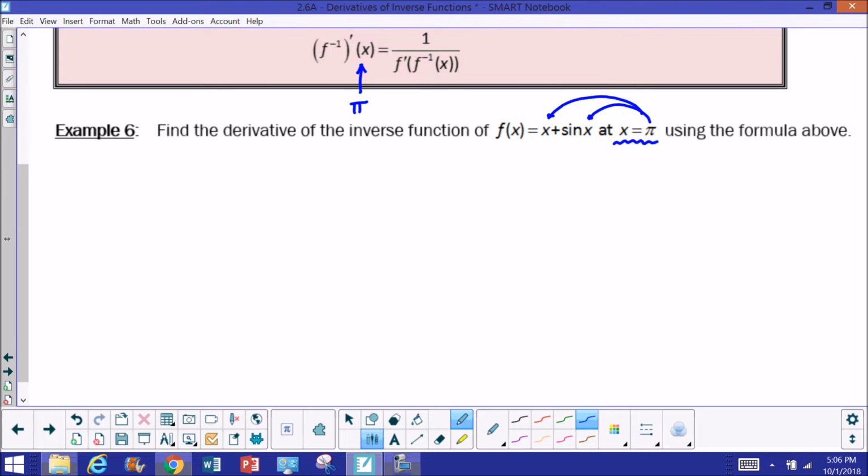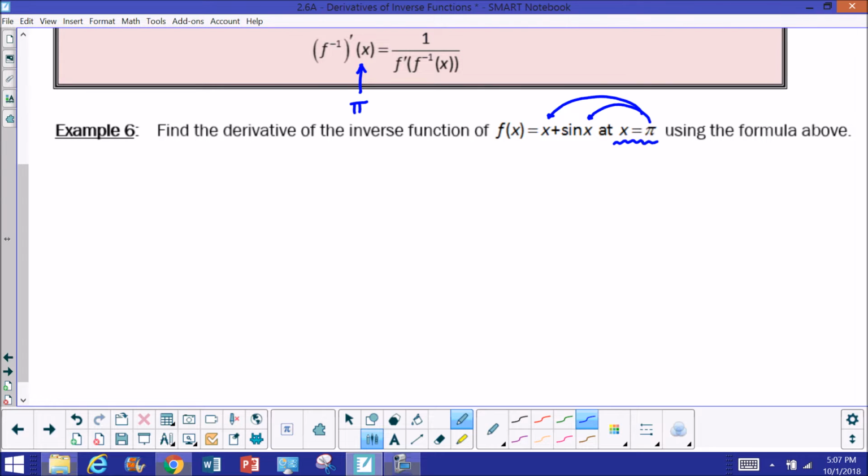Now, since that is an x value in our inverse, it has to act as a y value before we take the inverse. Now remember, that's one of the key ingredients of inverse functions. An inverse function is technically defined as a function whose x and y values flip-flop from the original function.